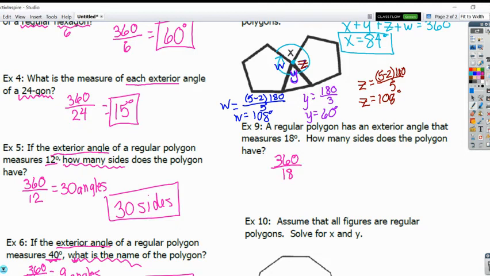If I have 18 degrees in that one, we can go ahead and divide it, right? Just like we did in example 5, divide by the number of degrees. That tells me the number of angles that I have, and we know that the number of angles is the same as the number of sides. So this polygon has 20 sides. It's a 20-gon.